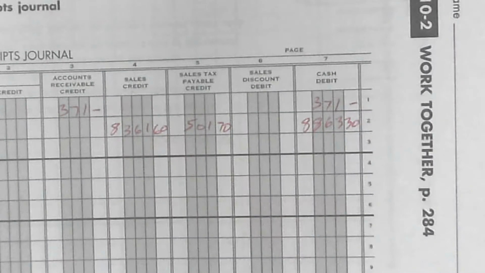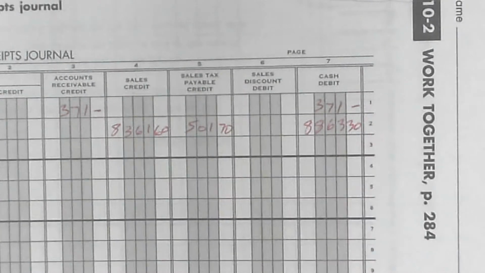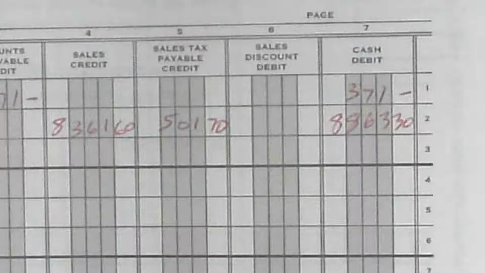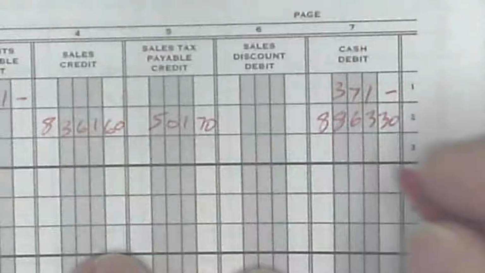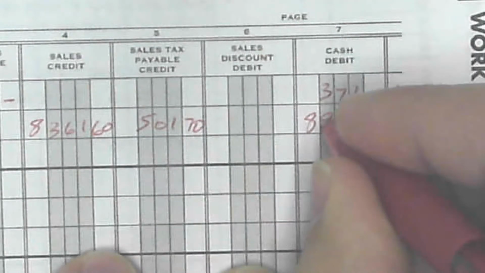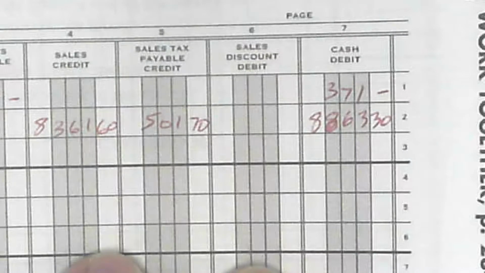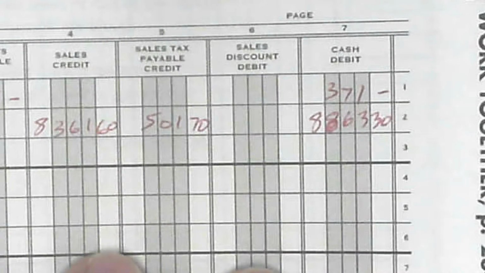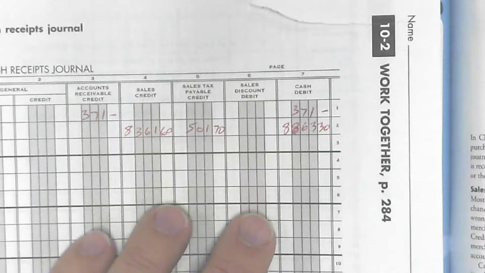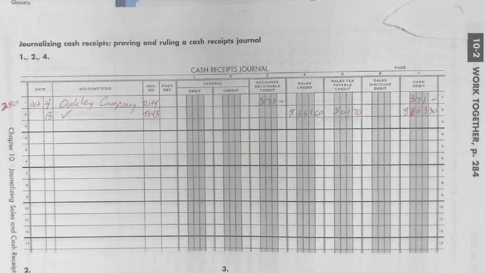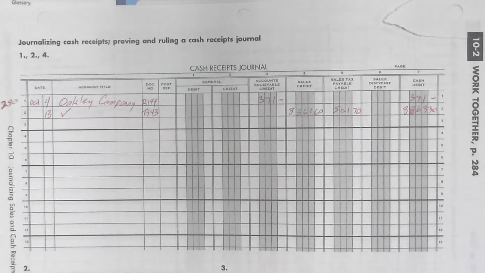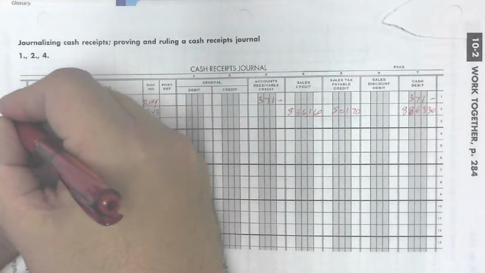So there's the numbers. And I'll zoom this back out so you can see the whole thing. So there's our second transaction. That was on page 279.